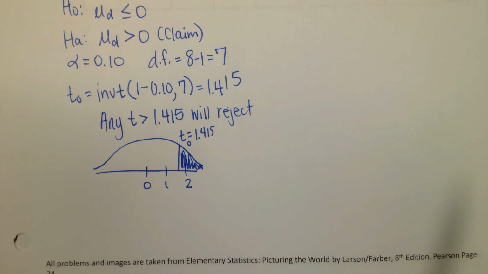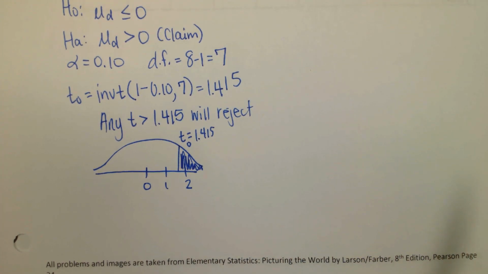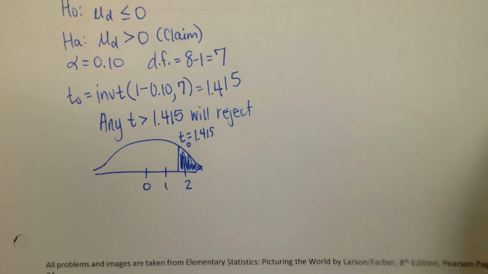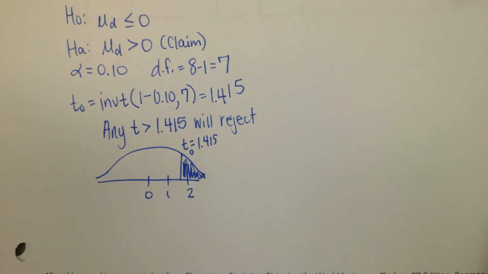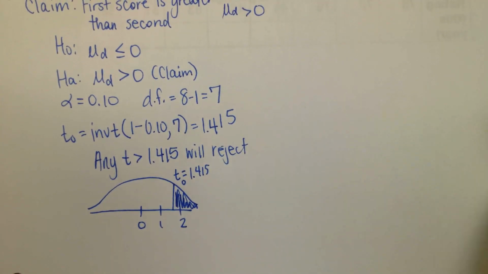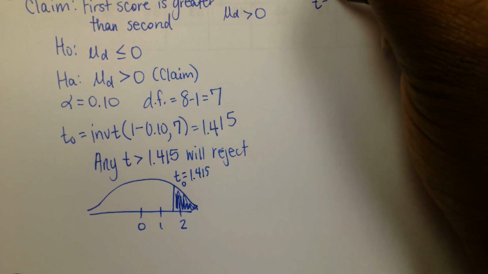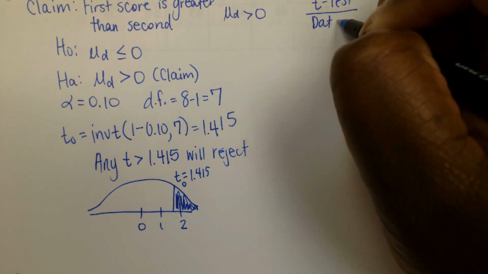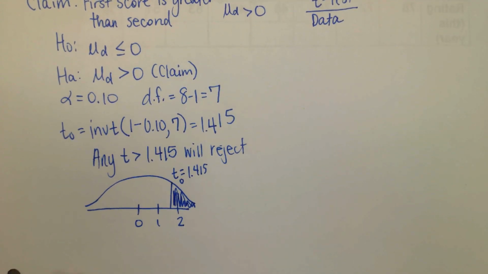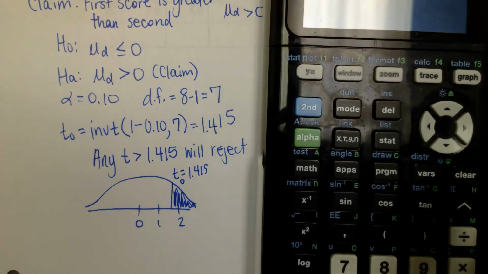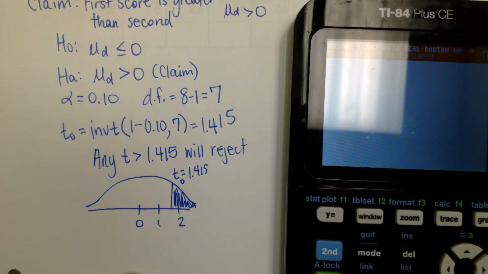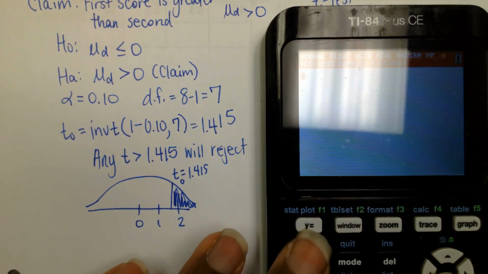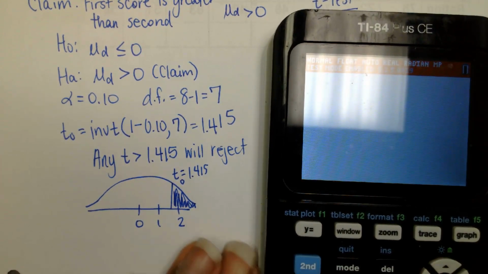So now we need to run the t-test. For the calculator, we're going to put in our data, and then we're going to get our information for the t-test. We're going to hit data because we have data, and then we're going to put in our information. So let me get my calculator. There we go. It looks better.